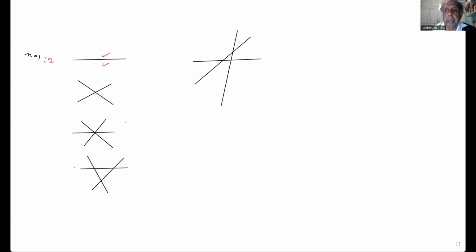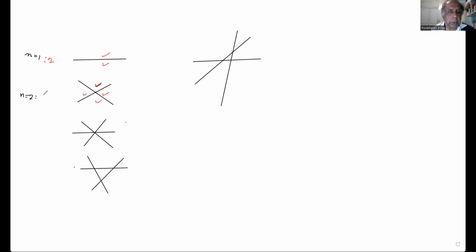All right, so if we now take two lines as we see in the second diagram, you will see that there are four regions.